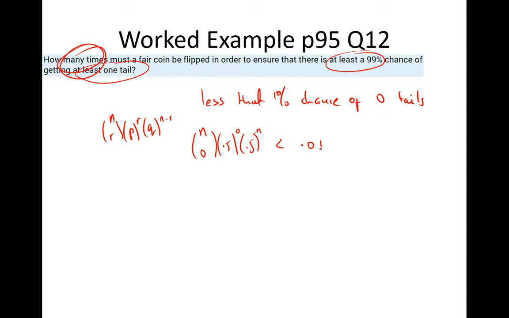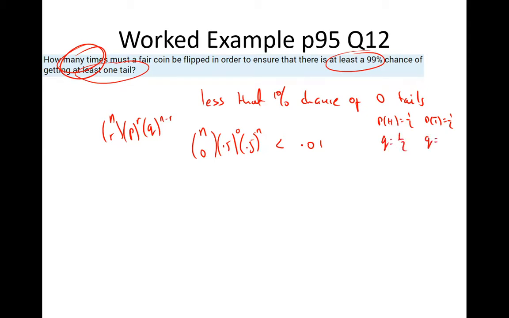Now listen to that again. At least 99% chance of getting at least one tail. Turn that around on itself. Less than a 1% chance of getting no tails. So no tails. First of all, we need the probability of heads is a half. Probability of tails is a half. What else? Heads is going to be my success. That's a half.